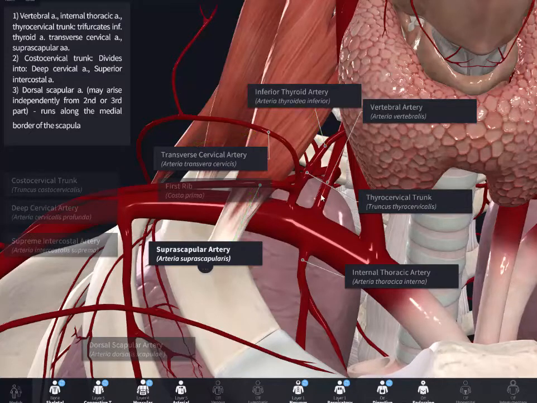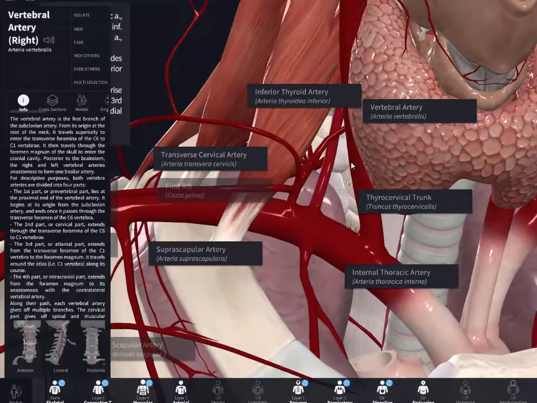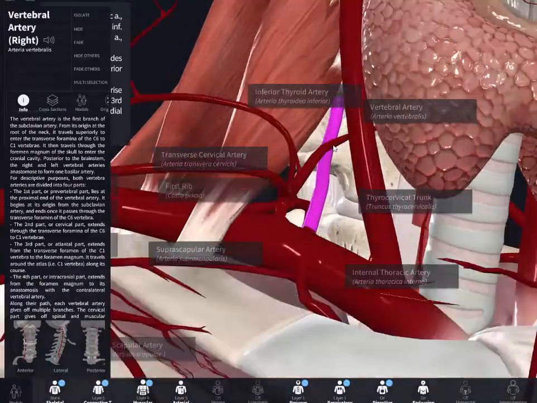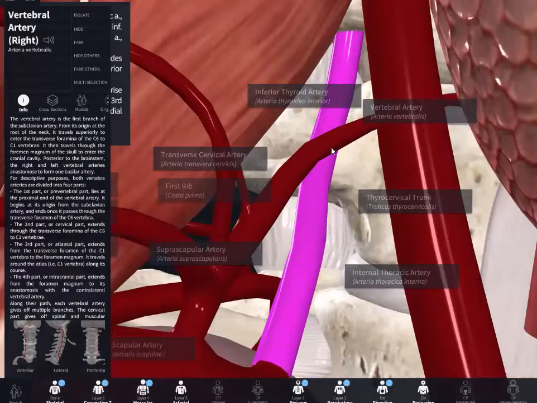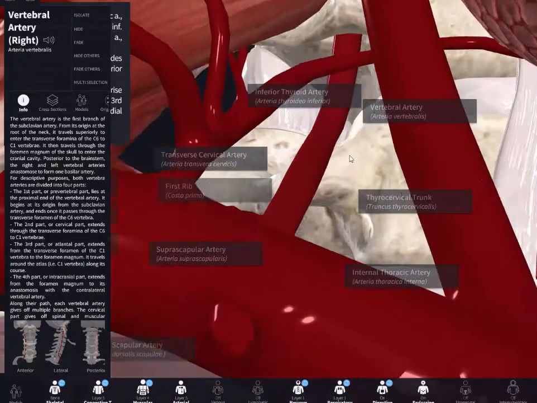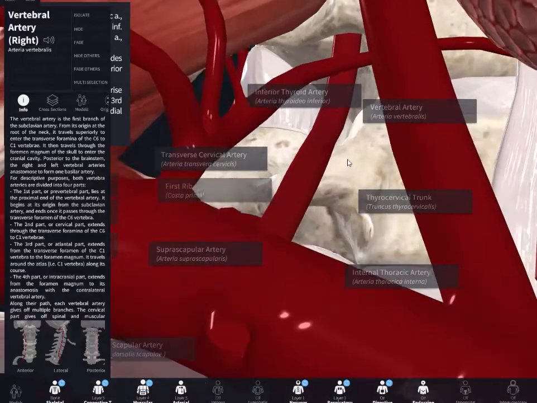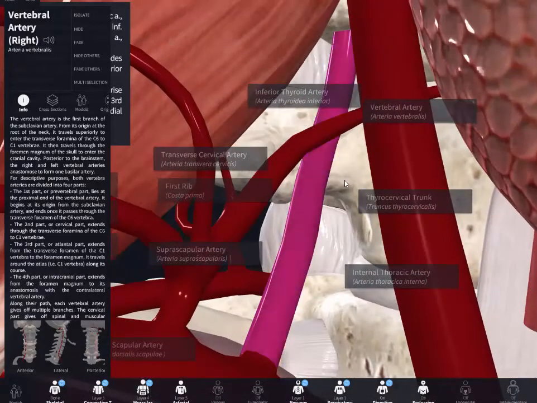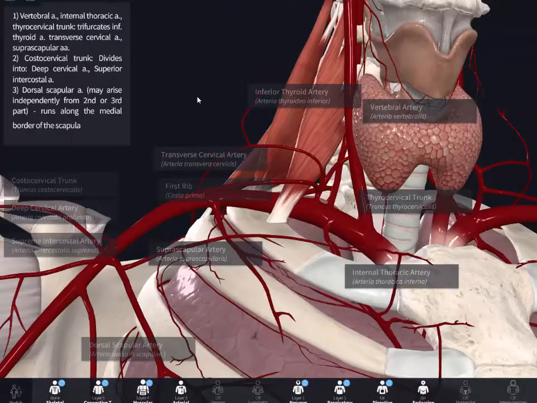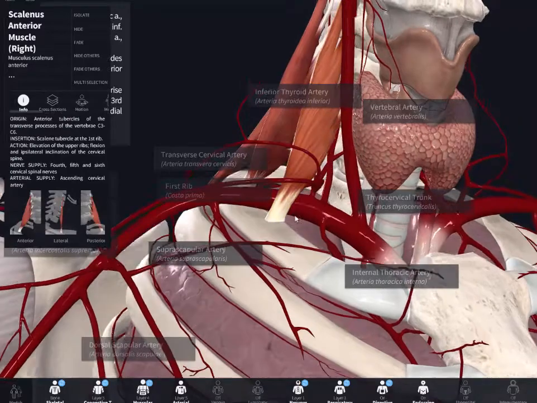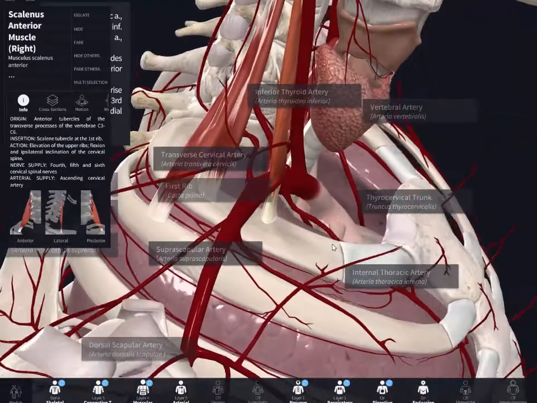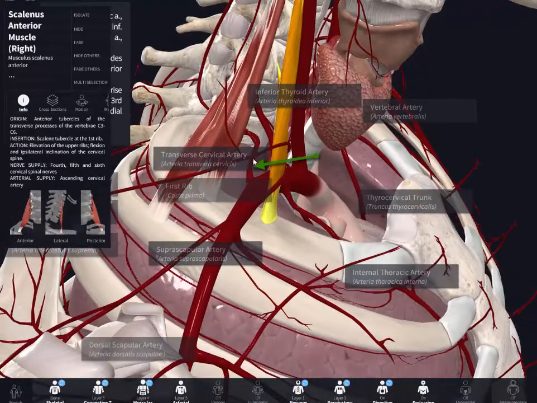Remember that the vertebral artery will travel straight upwards towards the cranial cavity, and on its way up it'll start entering the transverse foramina of the cervical vertebrae at cervical vertebra C6, branching off of the first part of the subclavian artery. And remember, the second part is going to be posterior to the anterior scalene muscle, so why don't we have a look behind here, and you can see the artery back there.